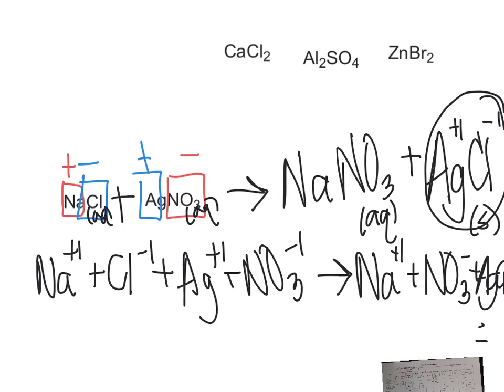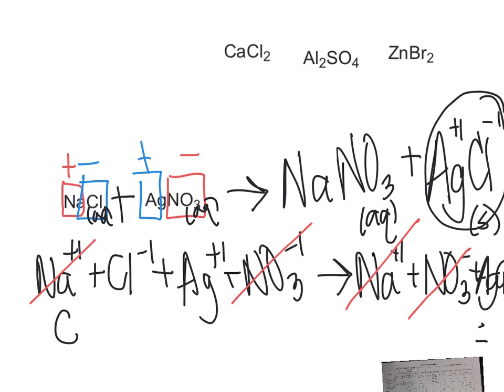AgCl. So now we're going to find all the spectator ions, the ions that we see on both sides of the reaction, both on the reactant side and the product side. So I've got Na on this side, Na on this side, NO3 on this side, NO3 on this side. So now I'm identifying my spectator ions, and I'm not going to write them in my net ionic equation.